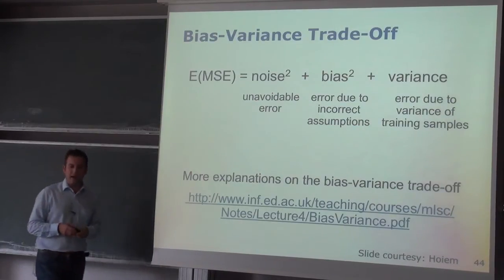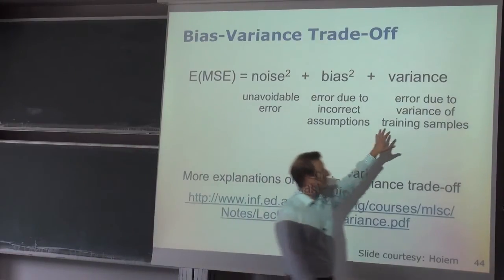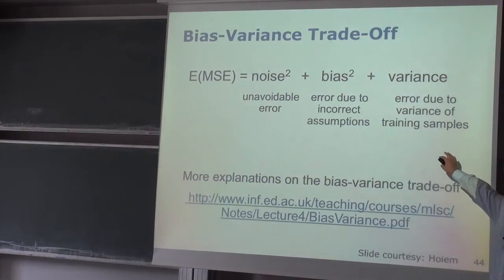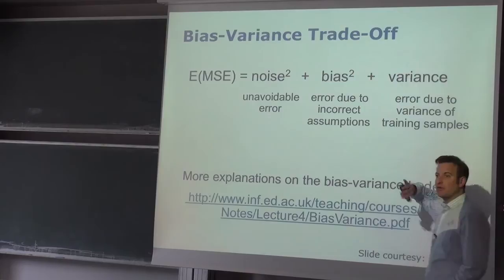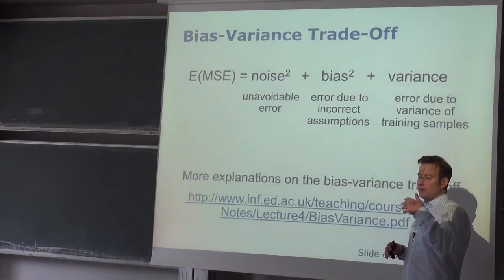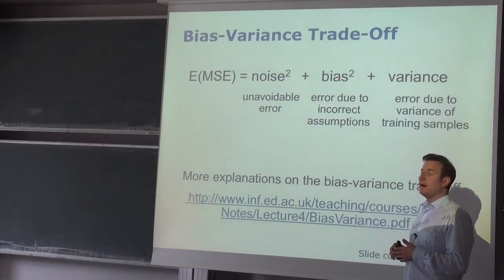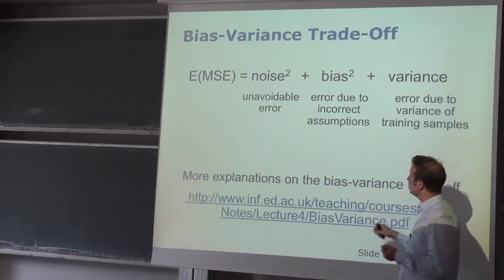So the expectation of the mean square error is given by 3 components. One component is the variance. This was the variance that we discussed before, because my model is too complex. I have too many parameters which I use to learn the model from my data points, and as a result, I fit to the noise in the training data.